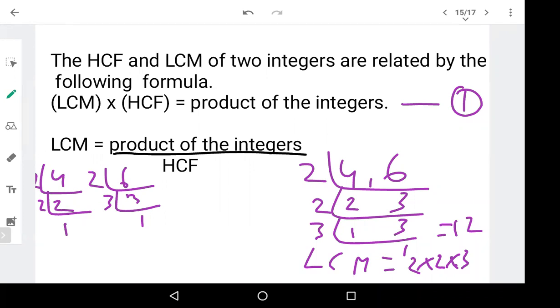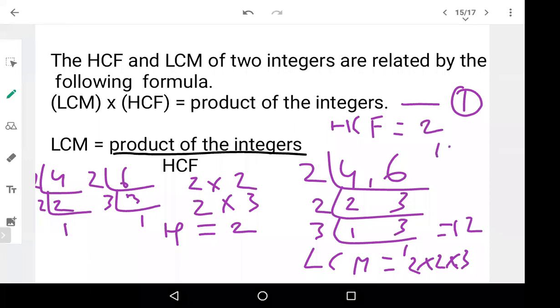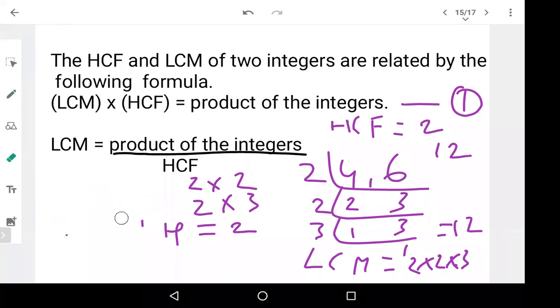I get 2 into 2 and 2 into 3. So I can say HCF is 2. Now we got HCF as 2 and LCM as 12. Everybody remember this. I'm going to clear this part of the calculation.